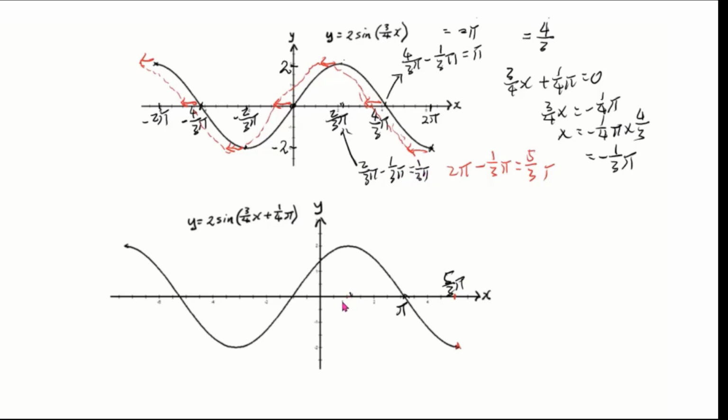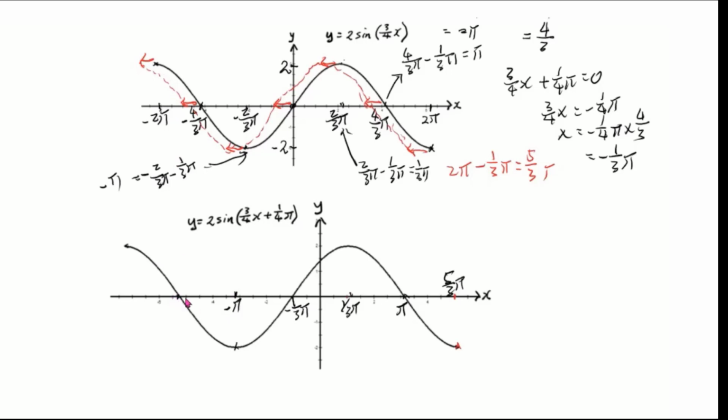So here we label 1 over 3 pi. As for this point, before translation it is 0, after translation it is negative 1 over 3 pi. Now for this minimum value, before translation, x is negative 2 over 3 pi. After translation, minus 1 over 3 pi, it is equal to negative pi. So we label here negative pi.